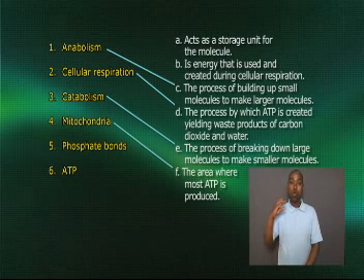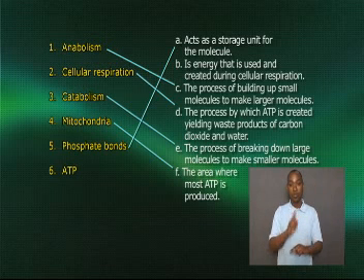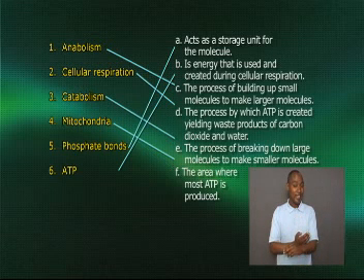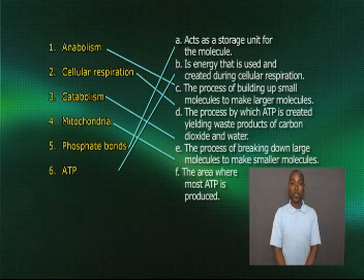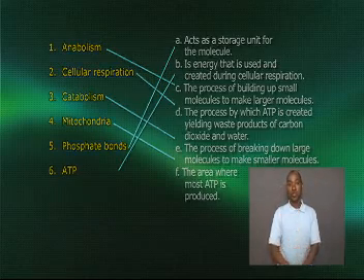Mitochondria are the area where most ATP is produced. Phosphate bonds act as storage units for the molecule. ATP is energy that is used and created during cellular respiration. If you answered them all correct, great work.